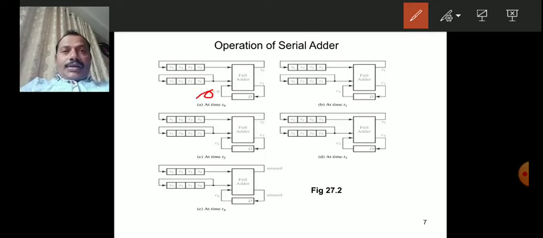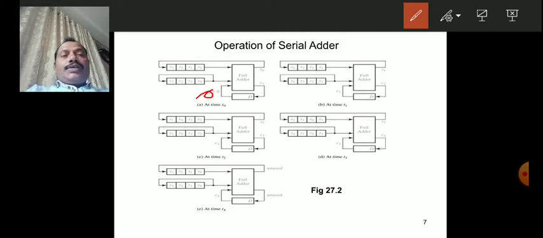The full adder adds these three bits, A0 plus B0 plus carry 0, and produces S0.